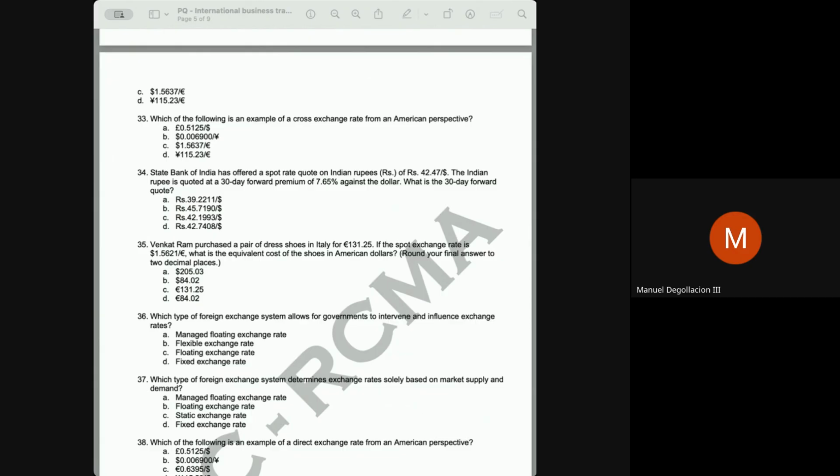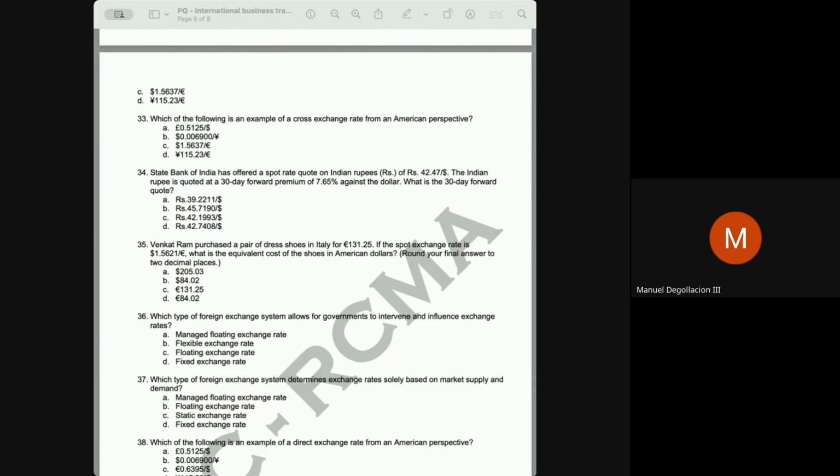That should give you the answer of 42.7408. Okay, so basically what's happening here is that as of today, $1 will give you 42.47 rupees. Since there's a premium of 7.65% against the dollar, we expect that the exchange rate would be higher for the dollar after 30 days.